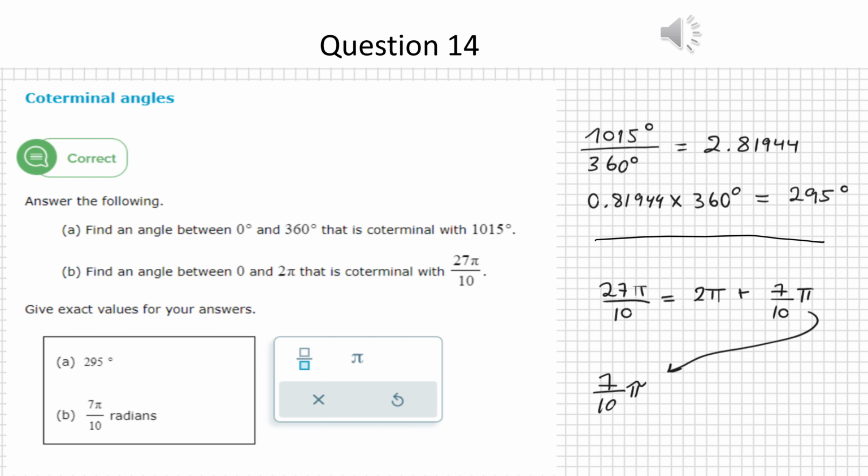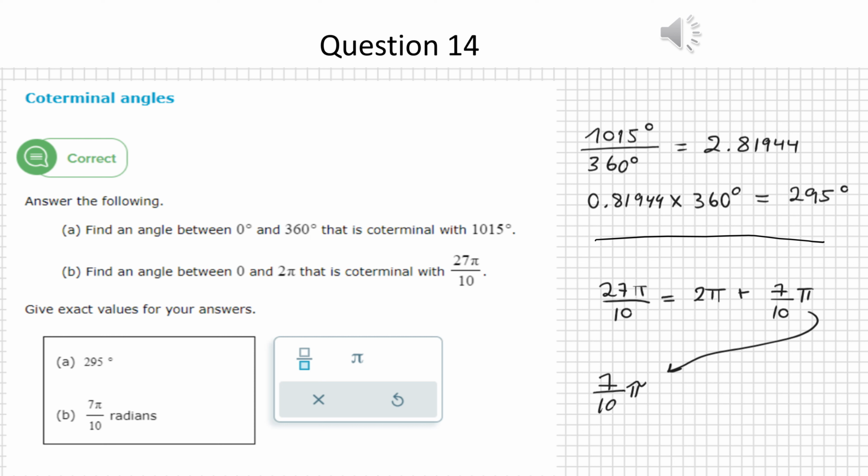You get a decimal, 2.8 something. You remove the whole part, because the whole part represents the revolutions. And you take the decimal part and multiply again by 360, and you get the new angle in degrees, that is the coterminal. The coterminal is 295 degrees.